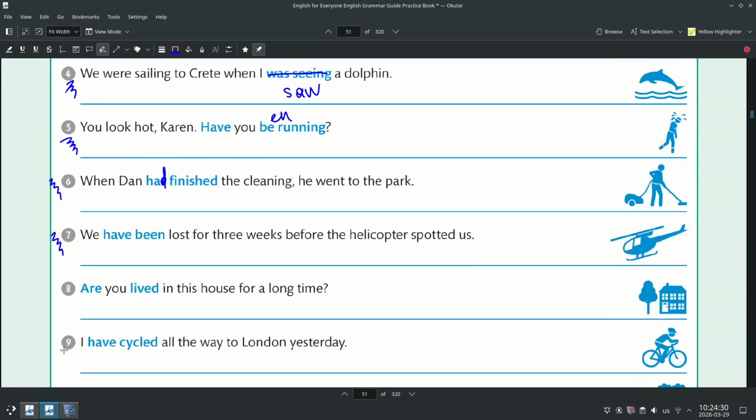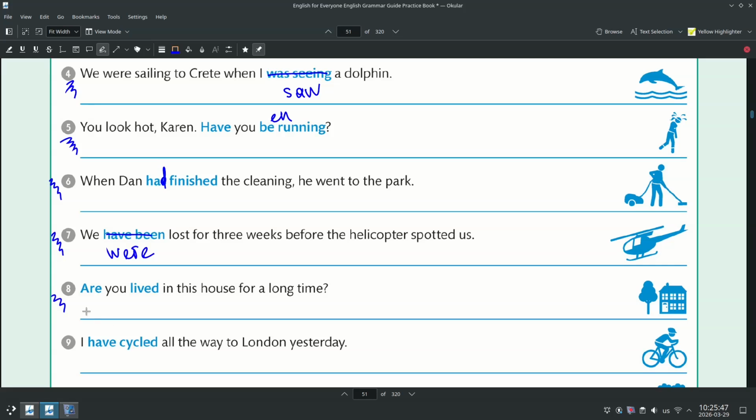Number 7. We have been lost for 3 weeks before the helicopter spotted us. We were lost for 3 weeks before the helicopter spotted us. Number 8. You lived in this house for a long time?